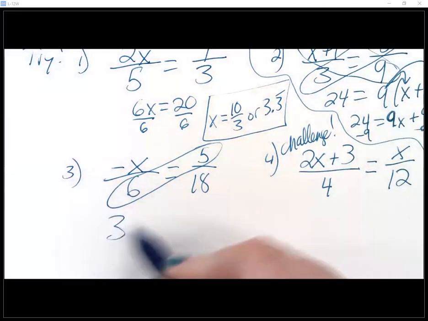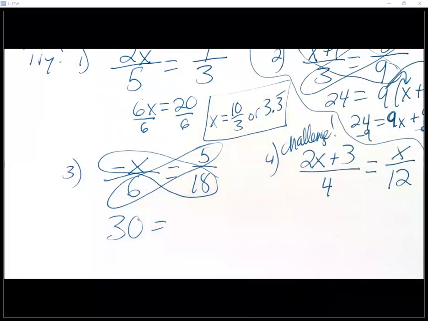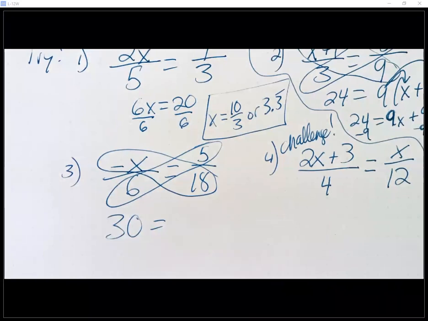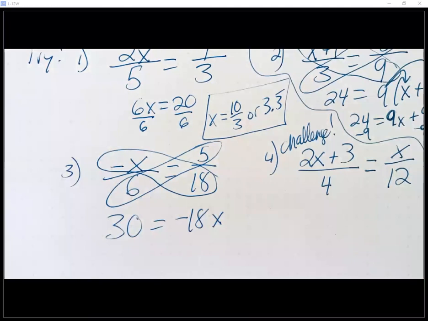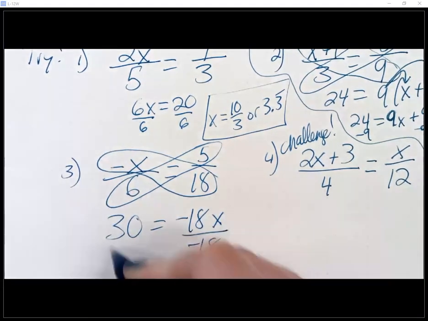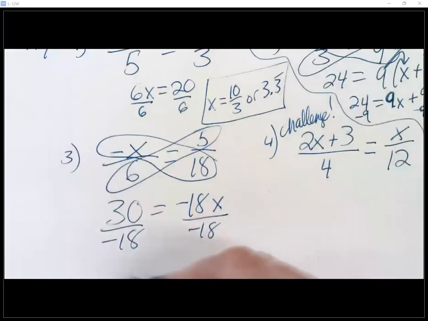What do you get when you multiply 18 times negative x? What would that be? Yeah, negative 18x, right? And then all you have to do to get x by itself is divide both sides by negative 18. So whatever 30 divided by negative 18 is, I got a negative 1.6 repeating. That's weird. Same answer as the last one, just negative.